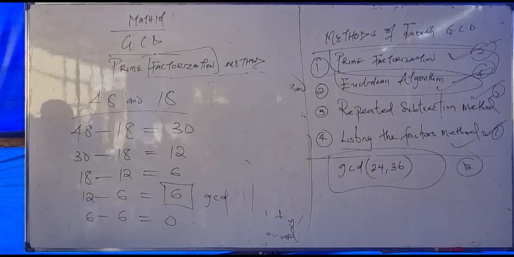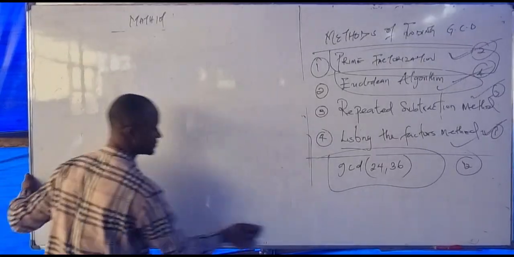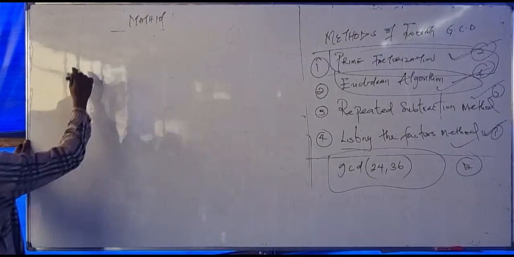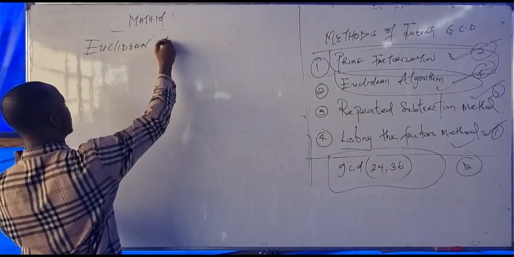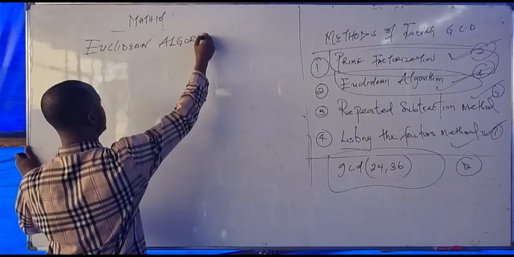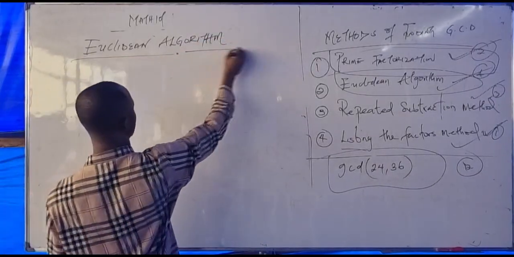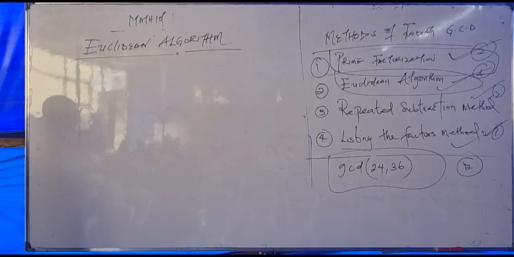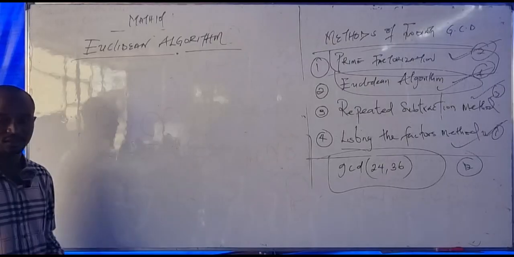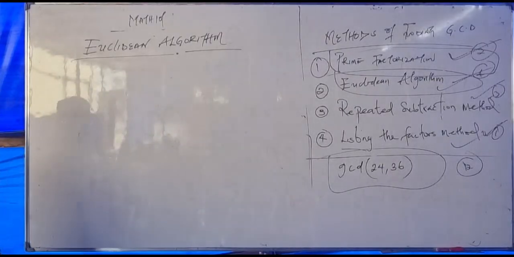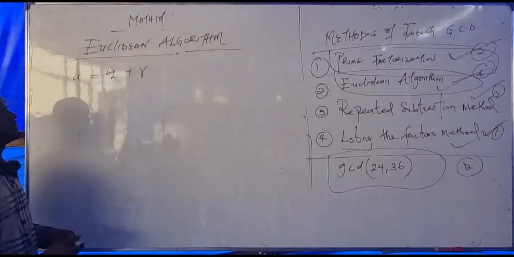Okay. The main one, Euclidean algorithm. Oh yeah, please write down. According to the Euclidean algorithm method, the GCD of two numbers is what?